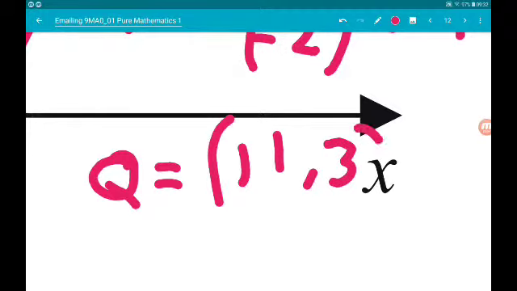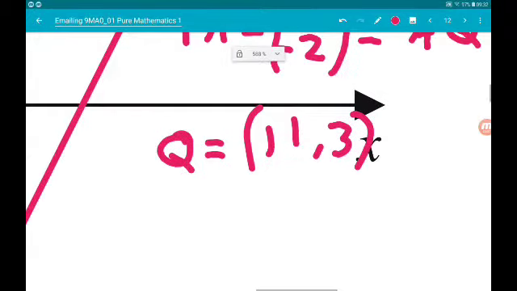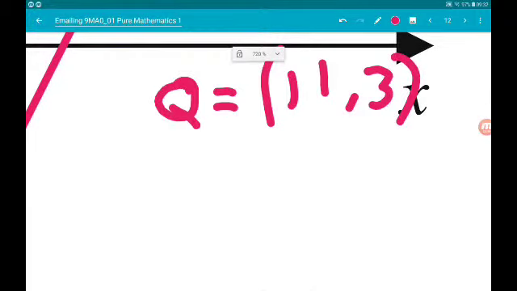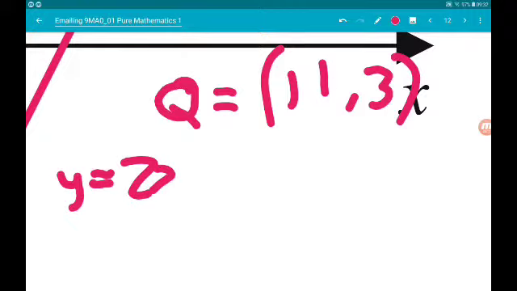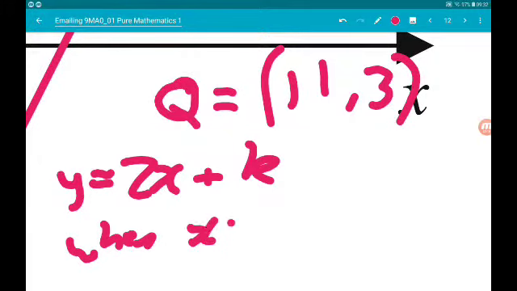Now, we know the equation of this other tangent, y is 2x add k, so when x is 11, y is equal to 3.